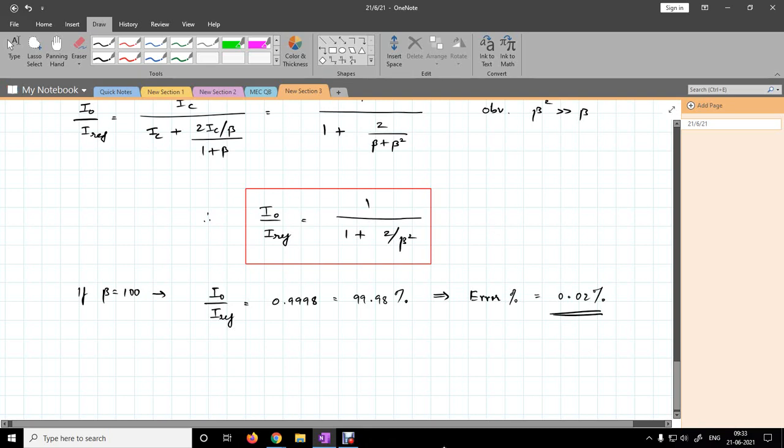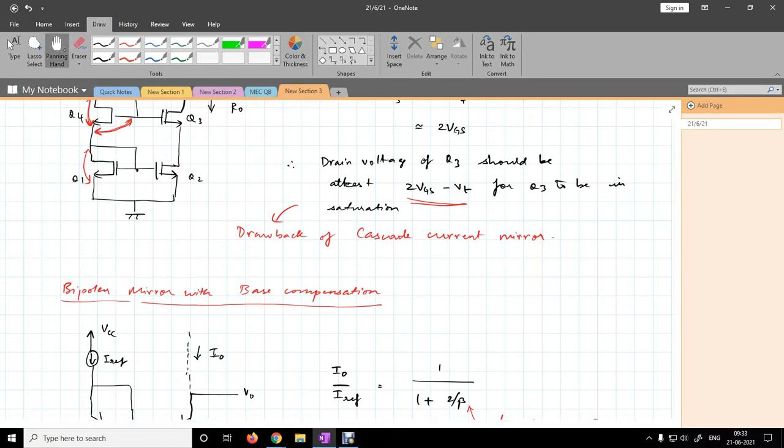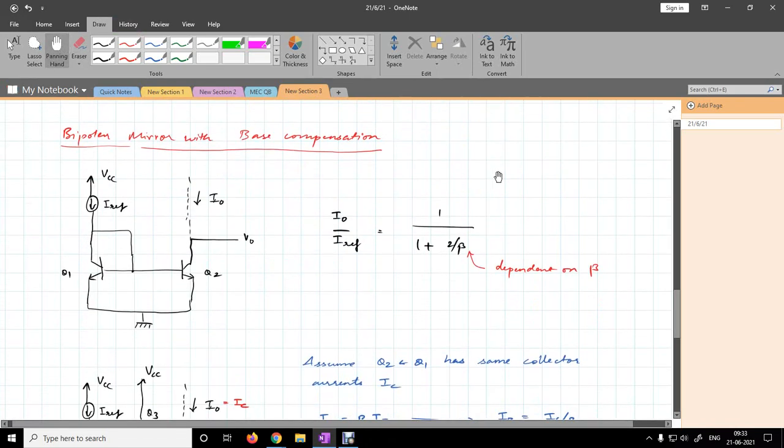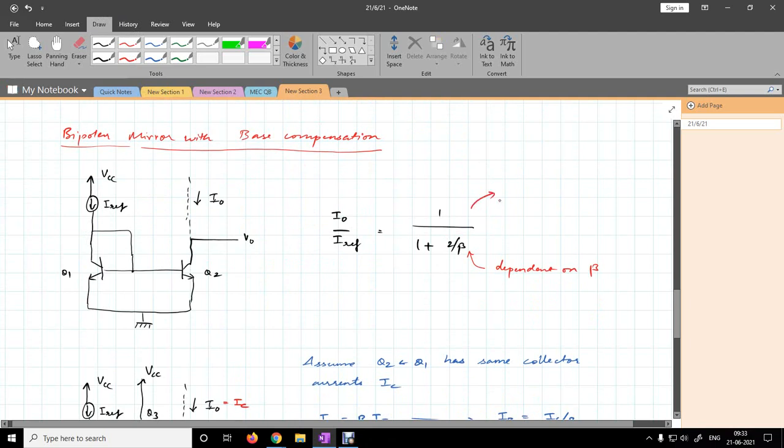Okay, so the error percent is now 0.02%. In the case of this bipolar current mirror without any base compensation, here my error percentage I can say is around 2%. Okay, that is if you substitute beta is equal to 100.